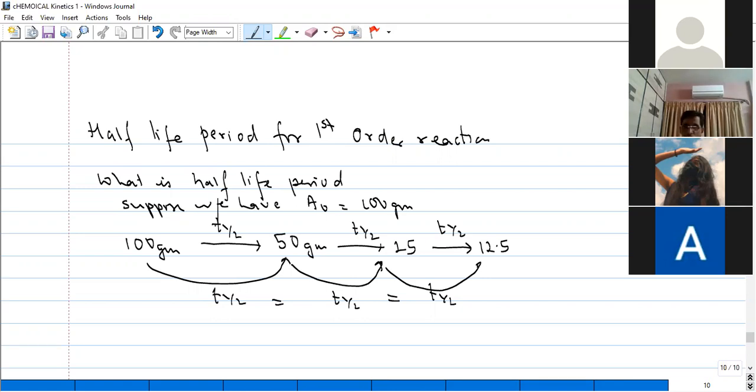The time required for half the initial reactant to convert into product is called a half-life period.